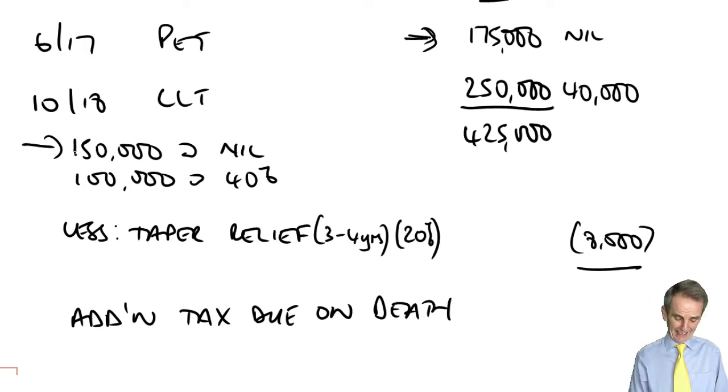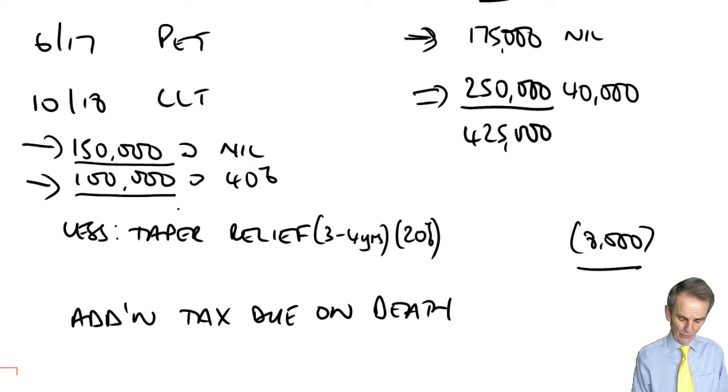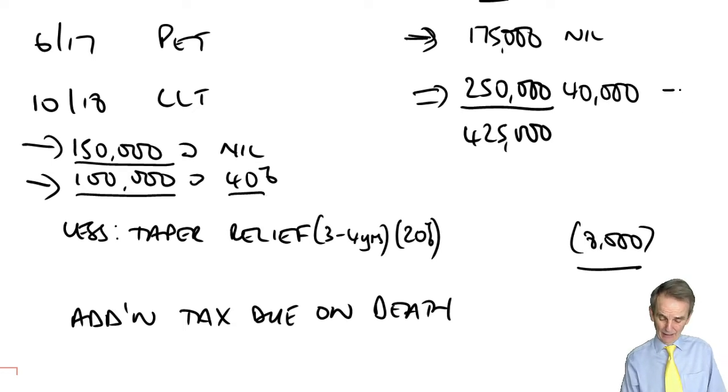That therefore would be at nil. That meant that out of that 250,000, we've accounted for 150, the remaining 100,000 at the death rate of 40%. And even I can do that one in my head, that was £40,000 there. So that's the first figure of our tax charge in relation to the lifetime transfer here, chargeable on death.